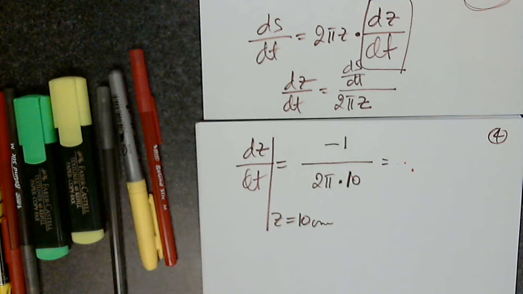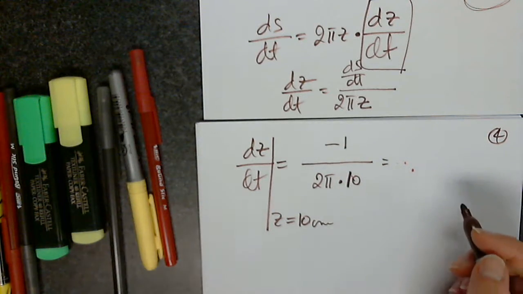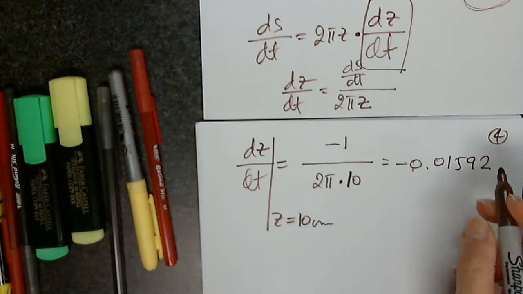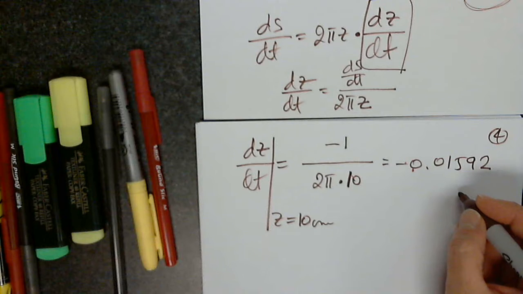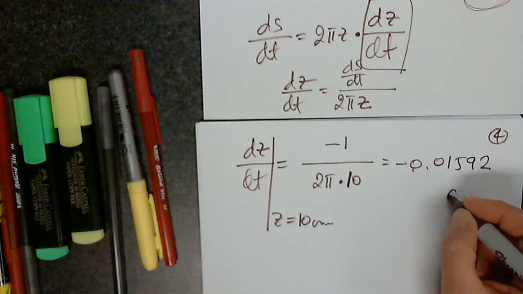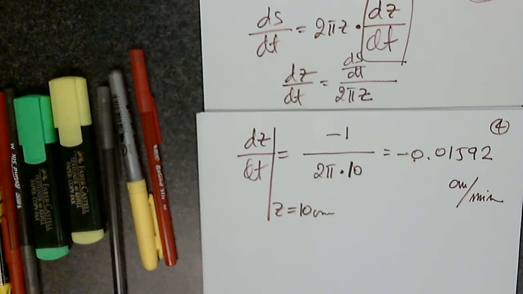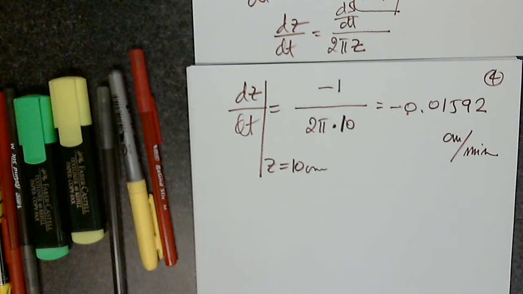Oh, it's a tiny little number. Yes, negative 0.0159. Measurement unit, please. Centimeters per minute. Yep, that's it. That was a nice one.